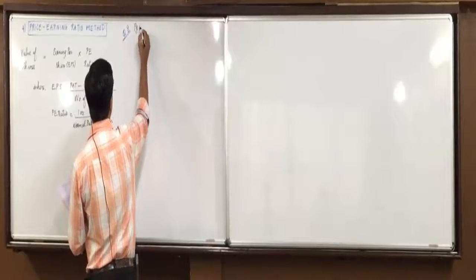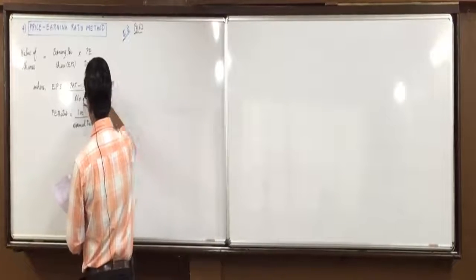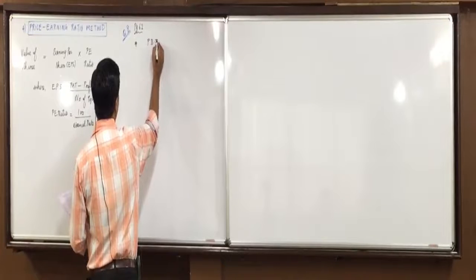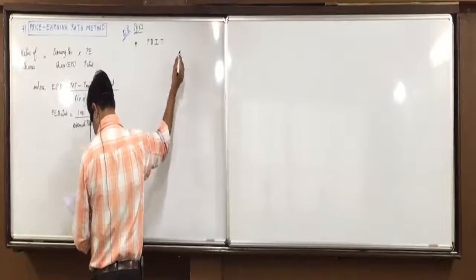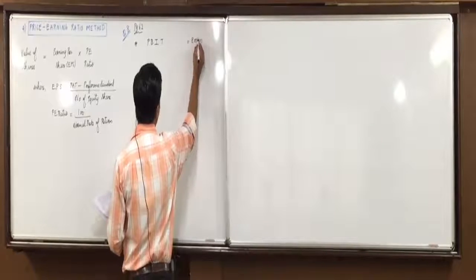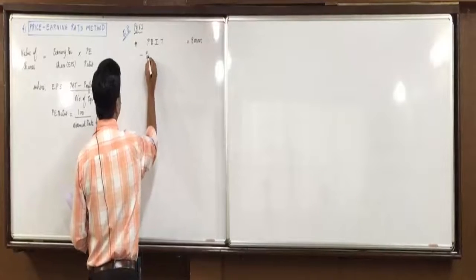Page number 62. First we find profit after tax. We are given the profit before interest and tax, 8 lakhs. First we will minus interest.